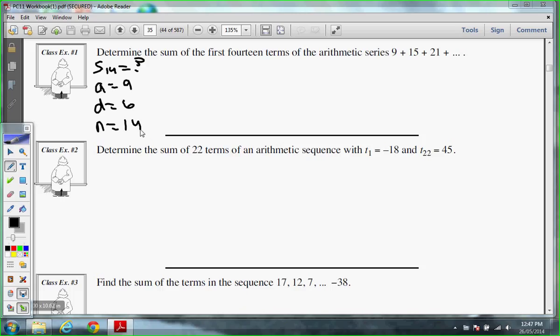Okay, so this is what it'll look like. S of 14 equals 14 times 2 times 9 plus 14 minus 1, 13 times 6 all over 2. Okay, so I've plugged everything in. Are there any questions about it?